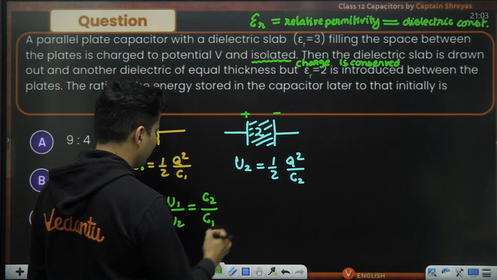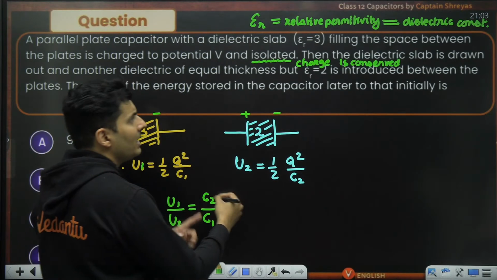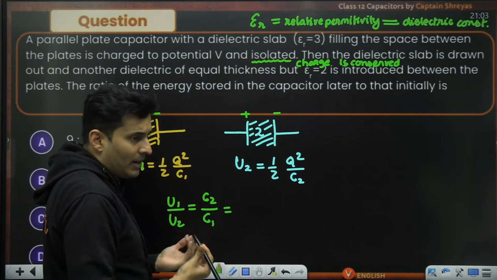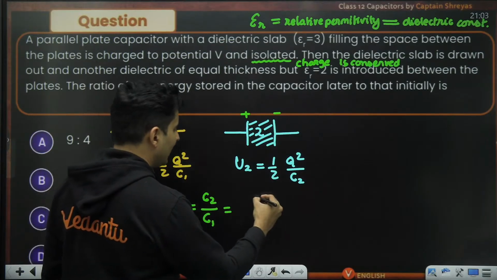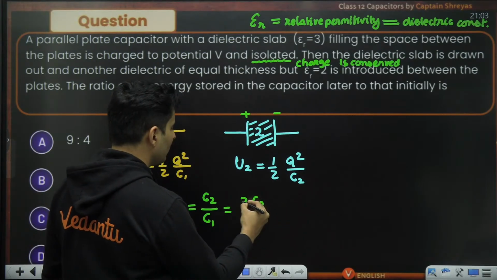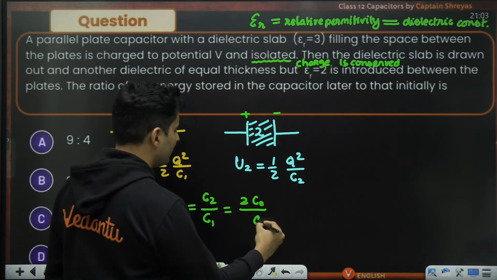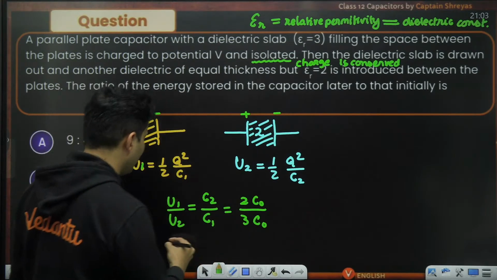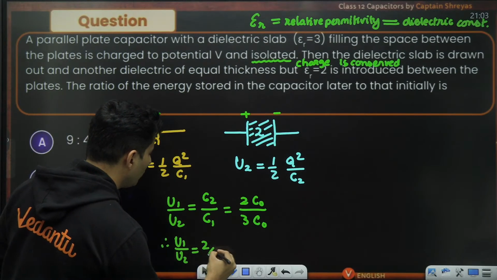C2 by C1 will be the dielectric constant multiplied by the capacitance without any media. If that capacitance is C0, C2 will be 2 times C0 and C1 will be 3 times C0. C0 will cancel. So U1 by U2 will be 2 by 3.